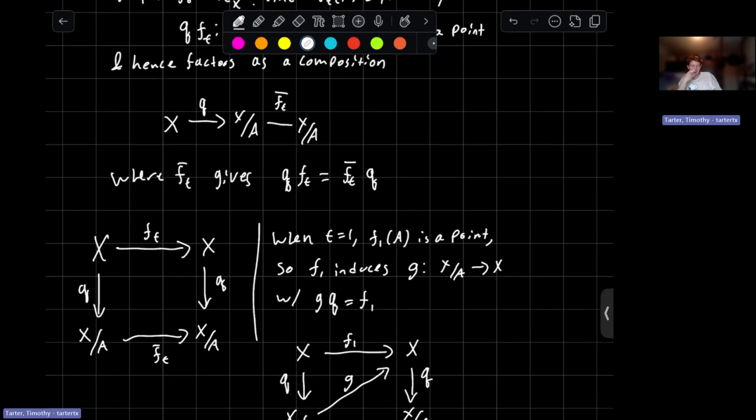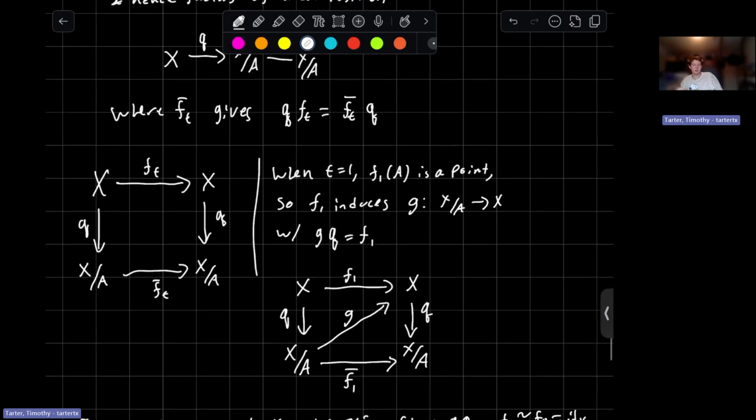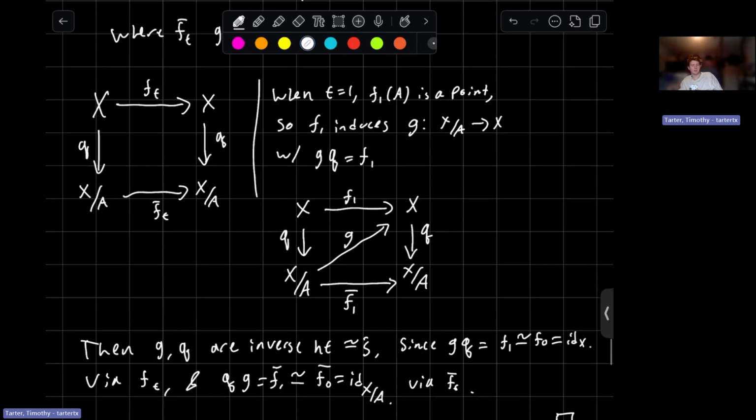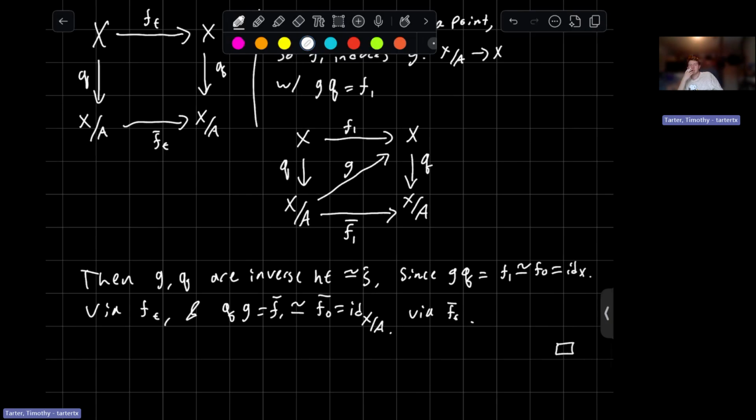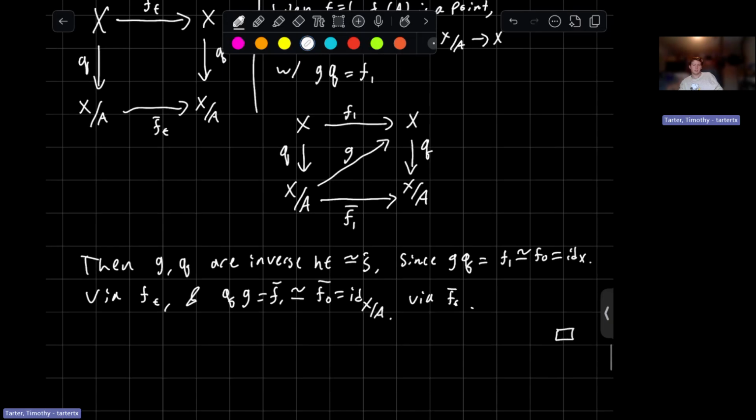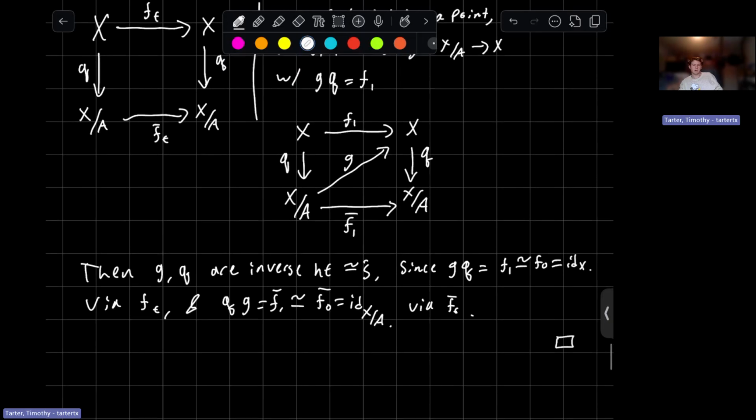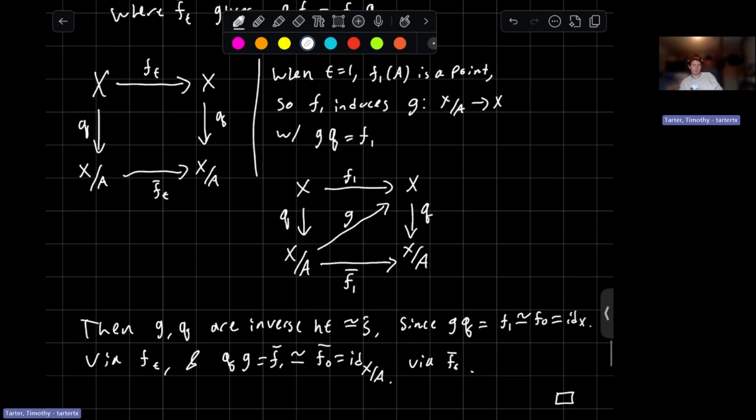And what we're trying to do is show that since f1 of A is a point, we get g at 1. It goes back to X that looks like f1. Yeah, because it's modded out by a point. And so we're identifying that with A. And then g and q, f1 is homotopic to f naught, which is the identity map.